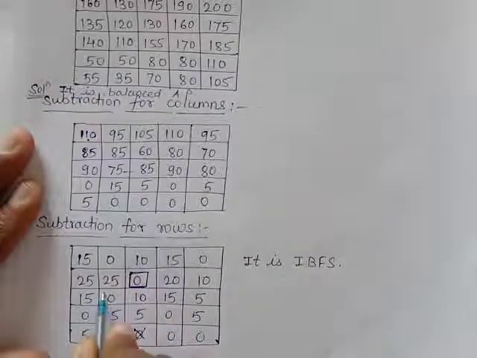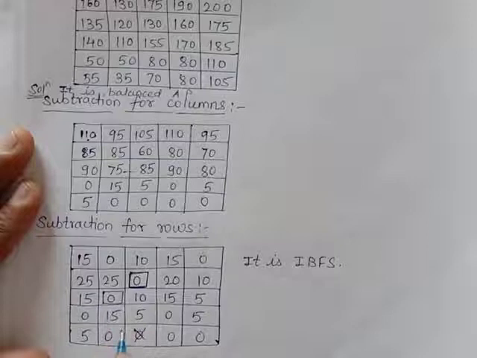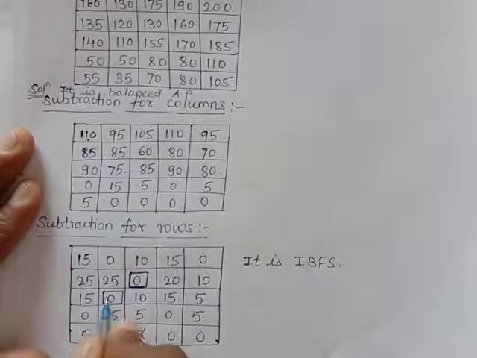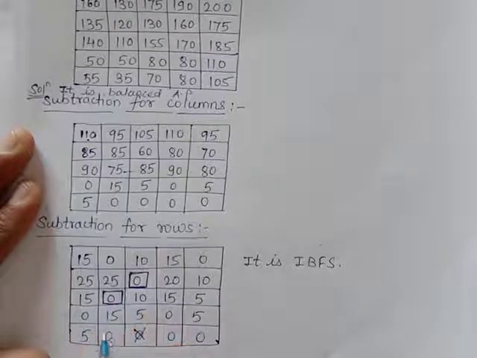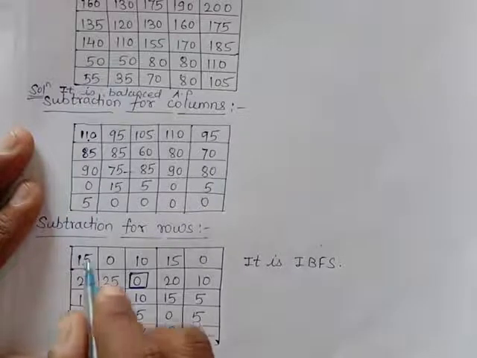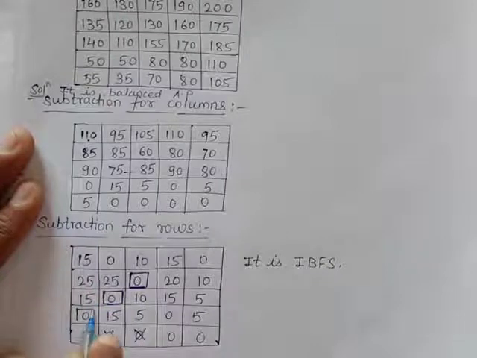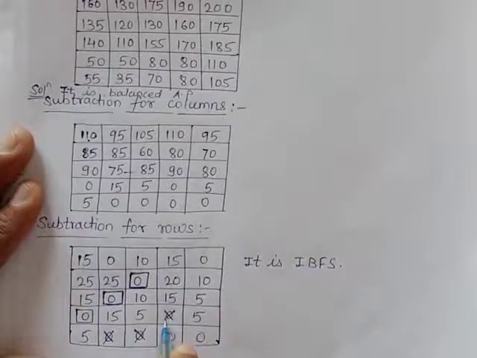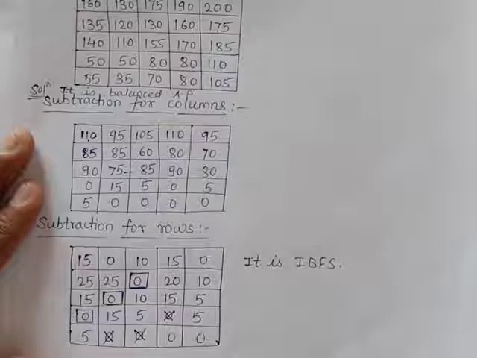Now the third row has a single 0, so let's cover it in a square and cross the corresponding column 0. Now the fourth row has 2 zeros, the fifth row also has 2 zeros. So let's go for columns. Now in the first column there is a single 0.